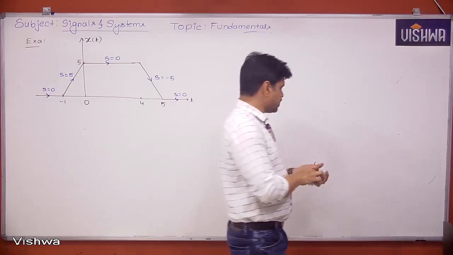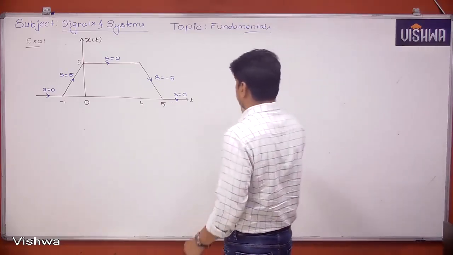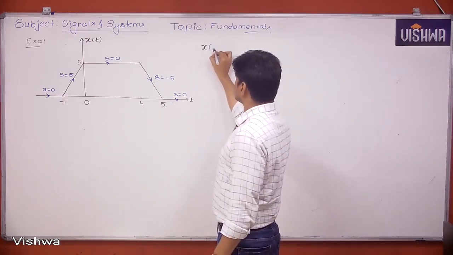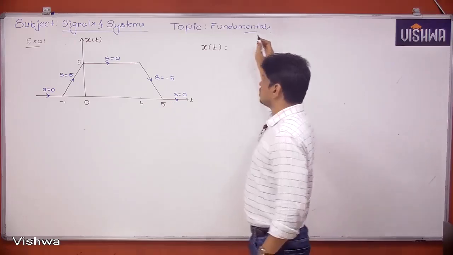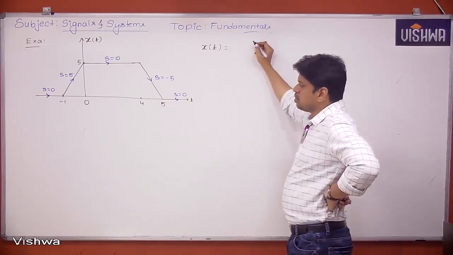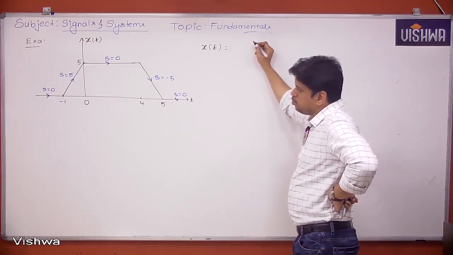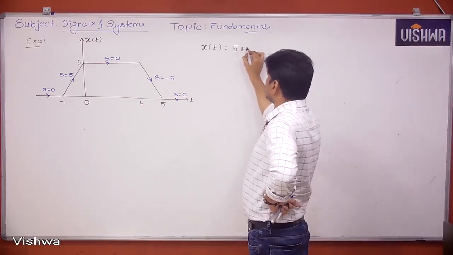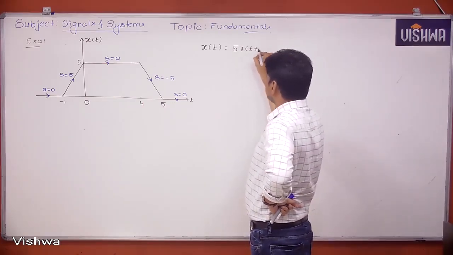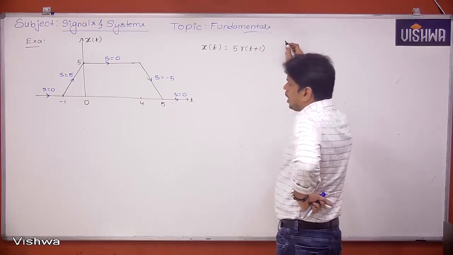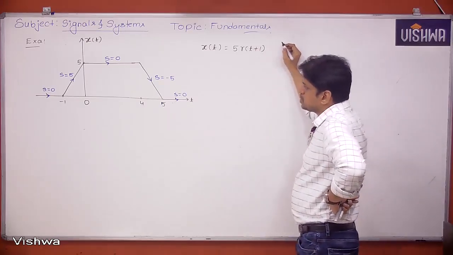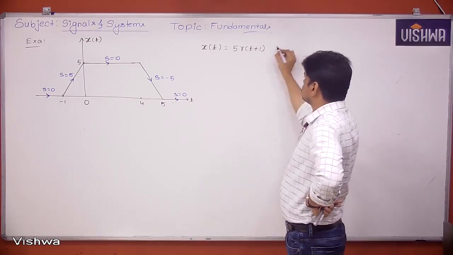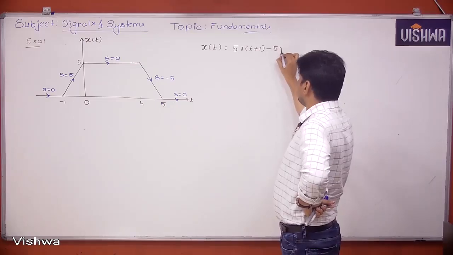So if I want to write the expression for x of t, how can we do that? x of t is equal to, at minus 1, how much is the slope change? 5 minus 0. So 5 r of t plus 1. At 0, how much is the slope change? 0 minus 5. Minus 5 r of t.